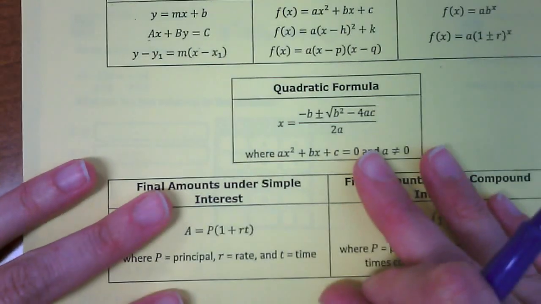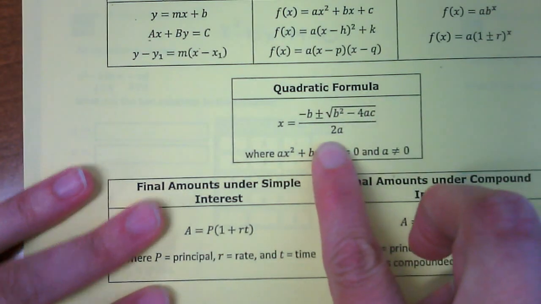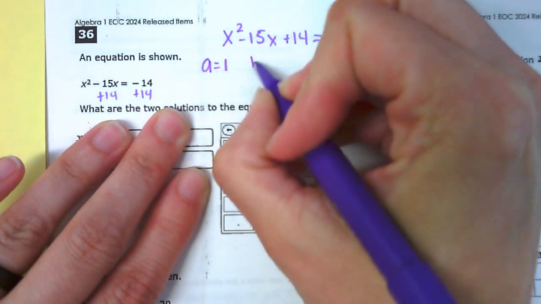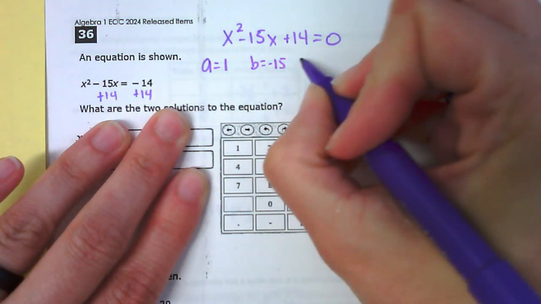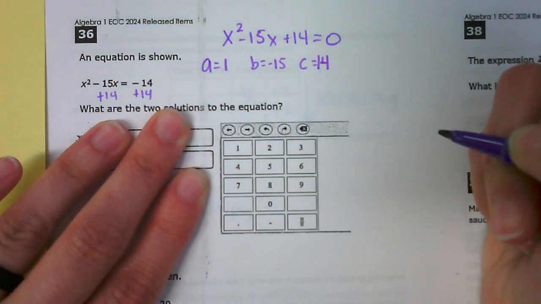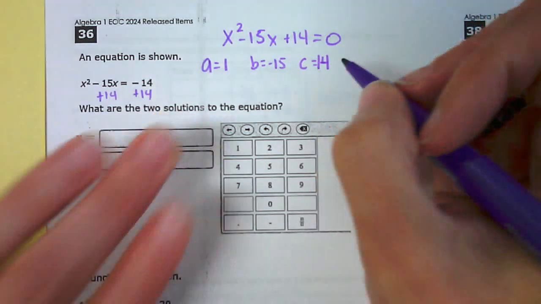Your reference sheet contains quadratic formula here, and you have the entire formula given to you. In this particular problem, our A would be 1, our B would be -15, and our C would be +14. So these would be the values that we're plugging into quadratic formula.